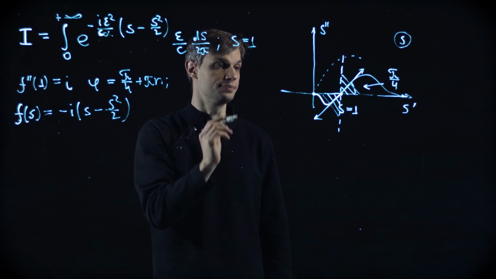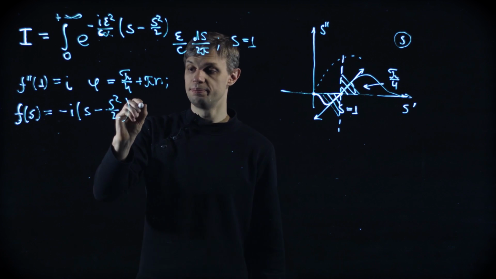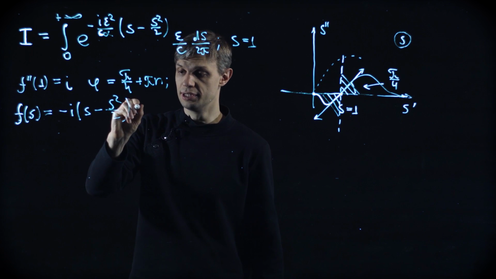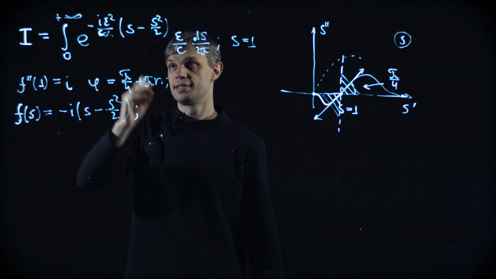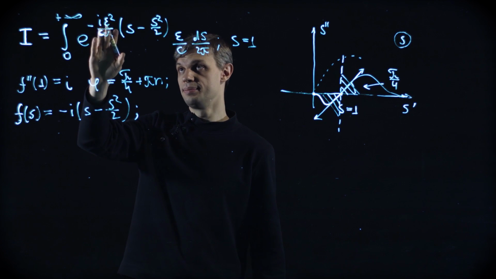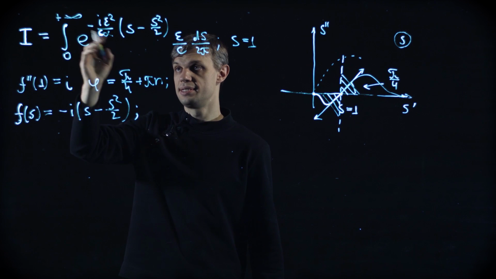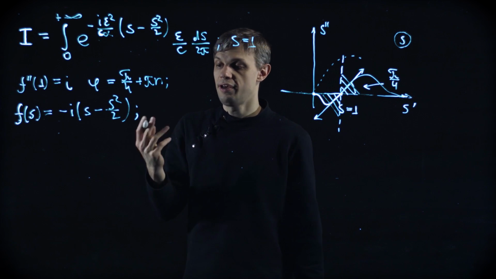All right. So now we basically use our prepared formula for the asymptotic of this Laplace type integral. So this is our lambda, epsilon squared over C alpha. And we have a prepared answer.